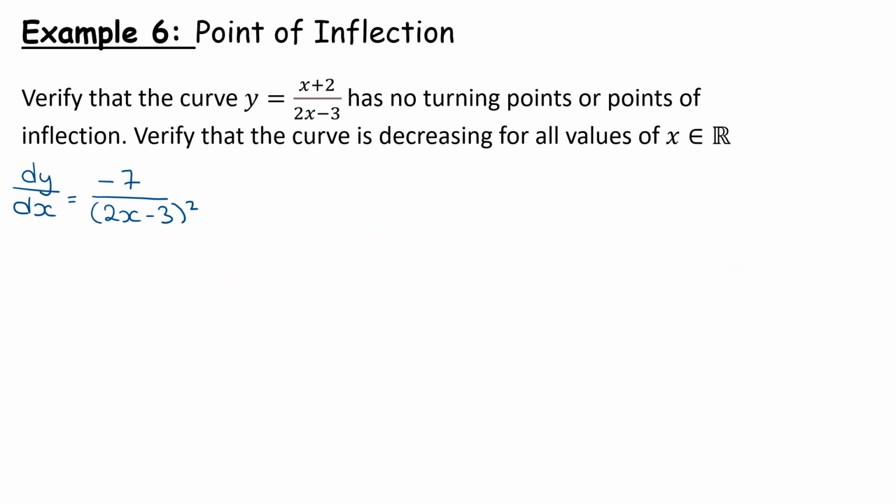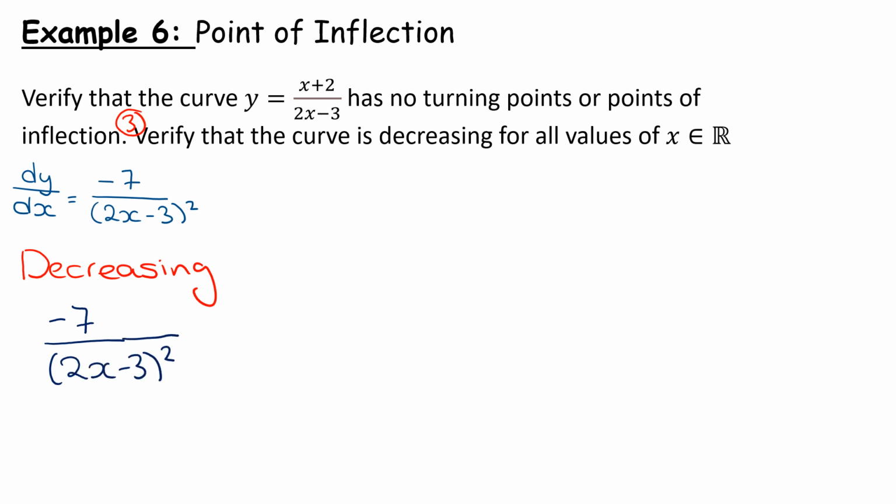So the third part of this question asks us to verify that the curve is decreasing for all values of x, element of the real numbers. So for all real numbers for x, the curve will decrease. So how we prove that something is decreasing, we are going to look at the first derivative. So this first derivative, which is minus 7 over (2x minus 3) squared, this will always be a negative number. And the reason I know that is because the top line is negative, because minus 7 is a negative number.